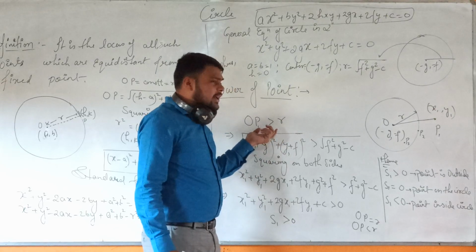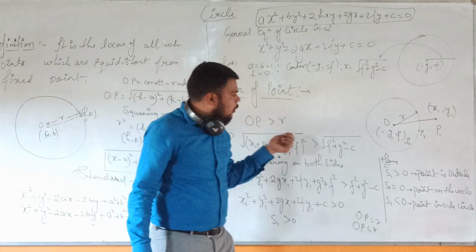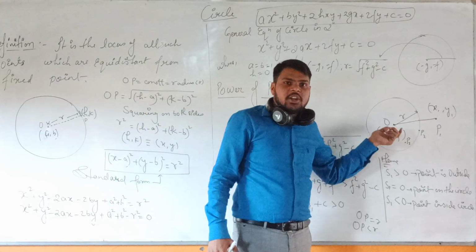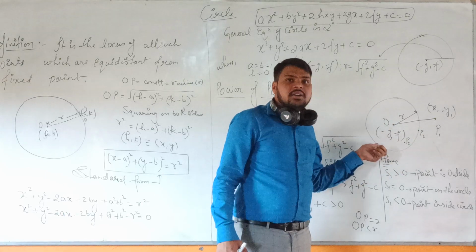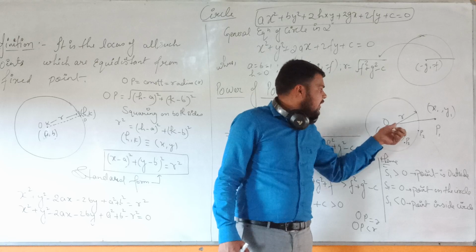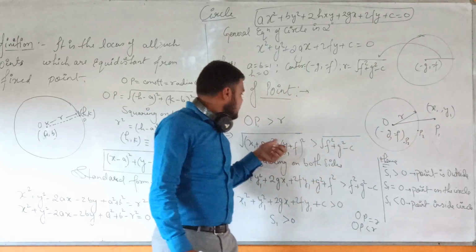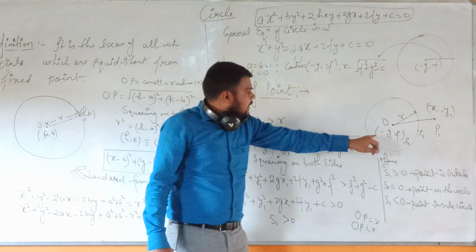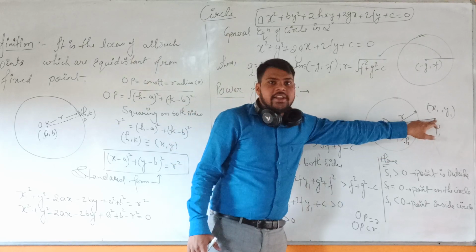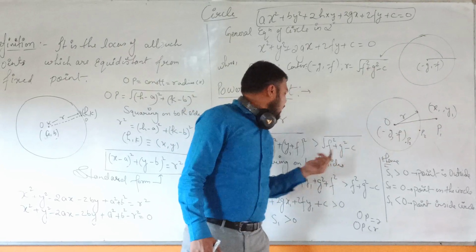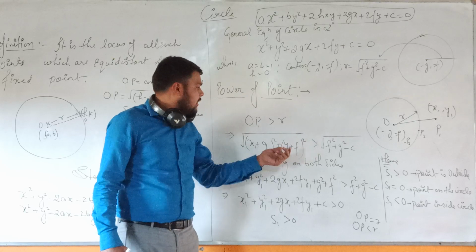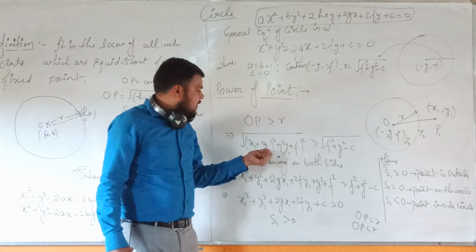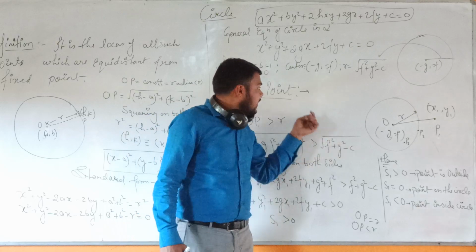As we know the equation of a circle, we know the center and we know the radius. So we take the center coordinates and the point coordinates together, and the distance is the square root of (x1 plus g) square plus (y1 plus f) square, right? This complete distance is greater than the radius. What is the radius?